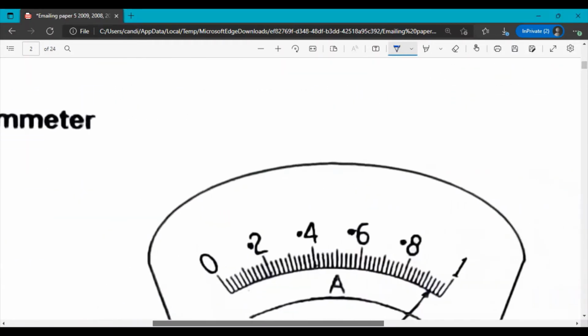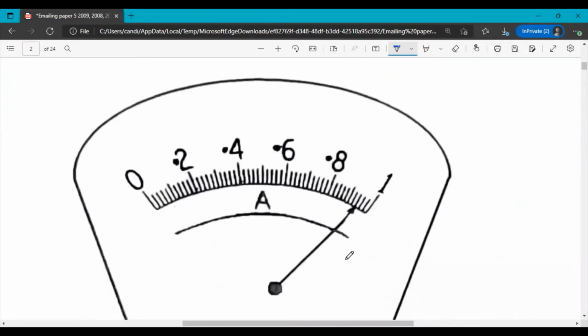Very similar, except different unit here. This time there is a decimal point in front of the number, so that's 0.2. 0.3 would be here, 0.4, 0.5, 0.6, halfway between that, 0.7, 0.8.